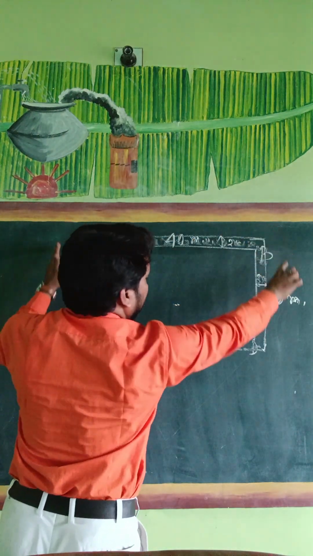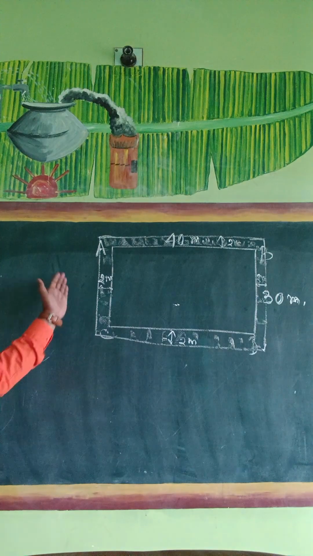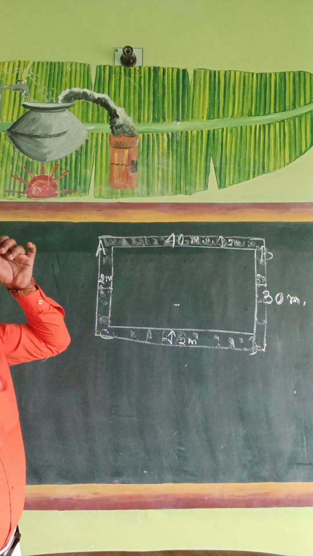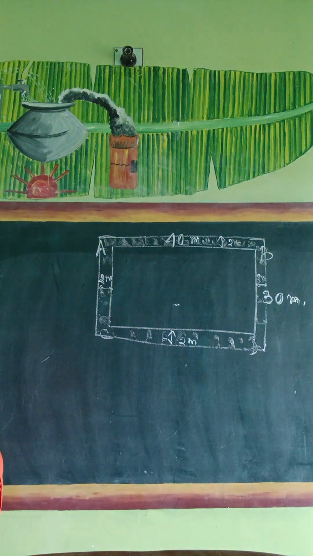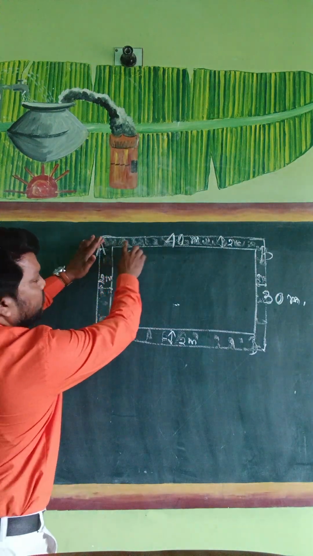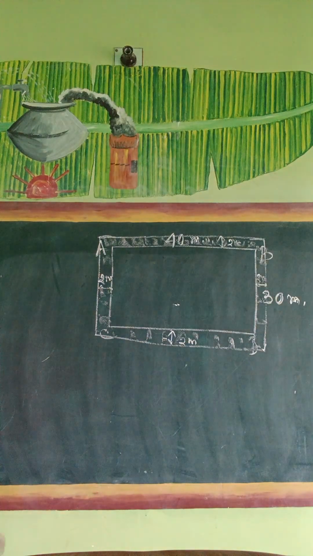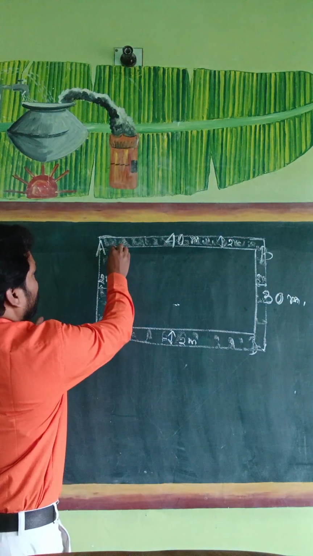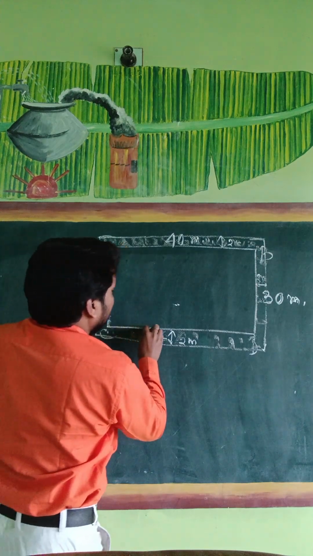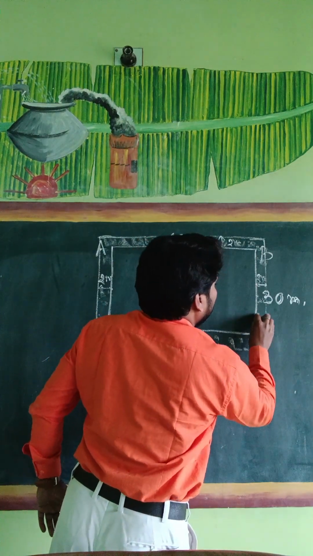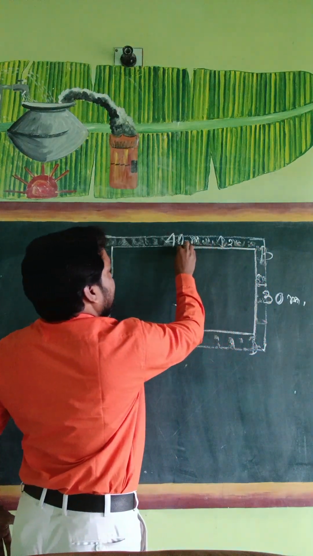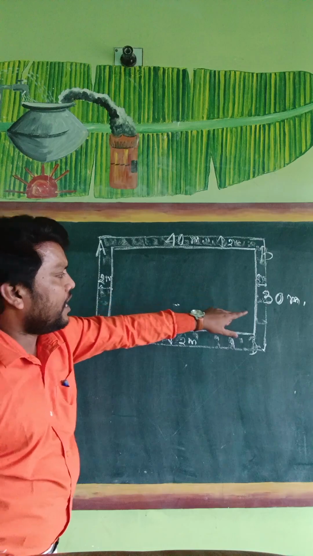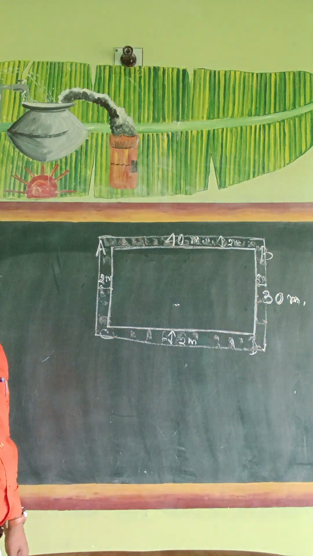That means the path runs all around, on all sides of the field. So what will be the area of the path? That is the main problem. Look very carefully. When I drew the rectangular field at first, it was ABCD, with length 40 meter and breadth 30 meter.